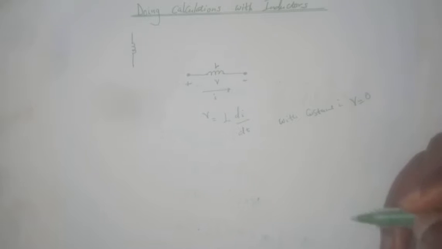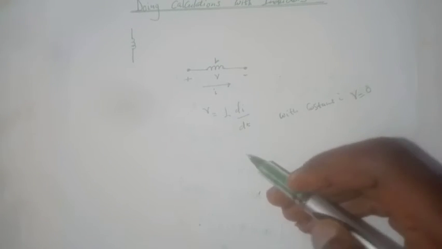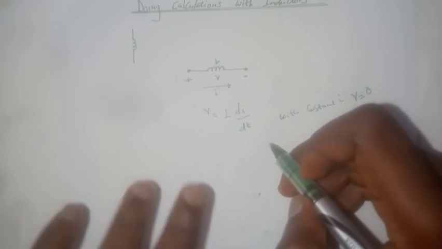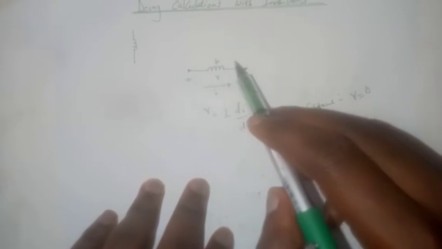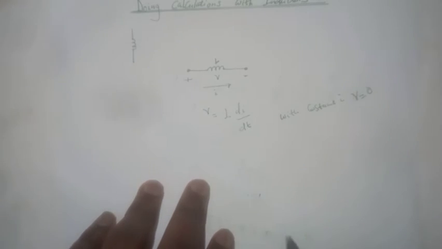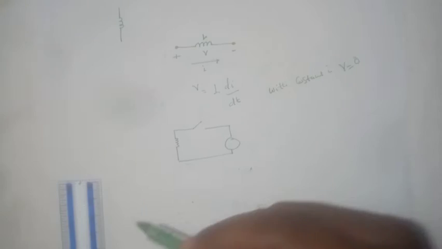The next thing you want to know about the inductor is that a change of current has to happen within a finite time frame. What I'm saying in essence is that you cannot change the current flowing through an inductor from 1 ampere to 2 ampere in 0 time, instantaneously. To buttress my point, consider this simple circuit here.